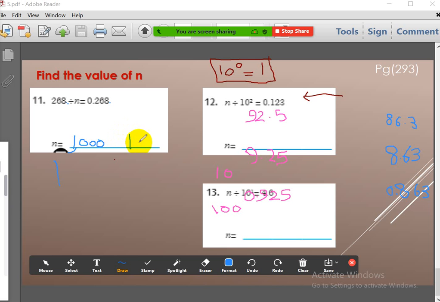So it will be 10 to the third power. 10 power 3. So I have here to know that n is the divisor. So the divisor is, of course, a pattern of powers of 10, or a tens pattern. So how will I know it? I will know it from the number of digits that the decimal moved. Now let's move to number 12. Number 12 is n.